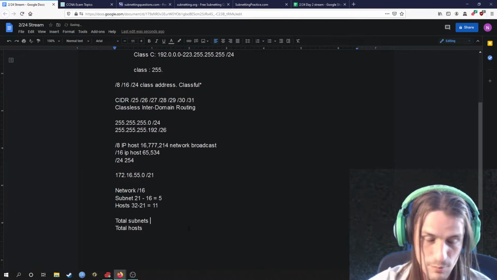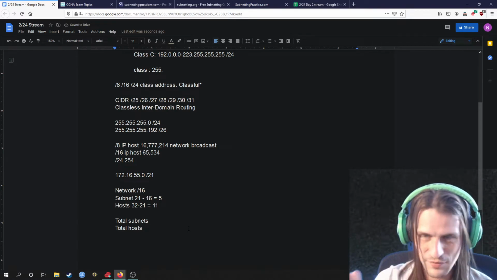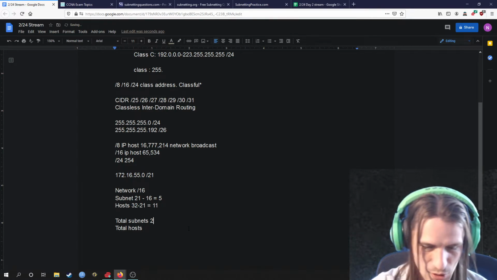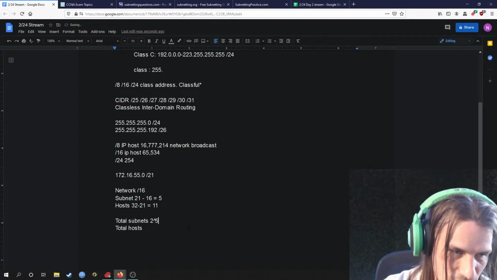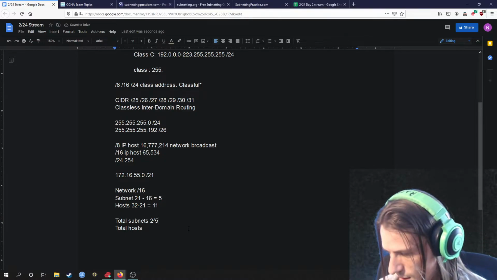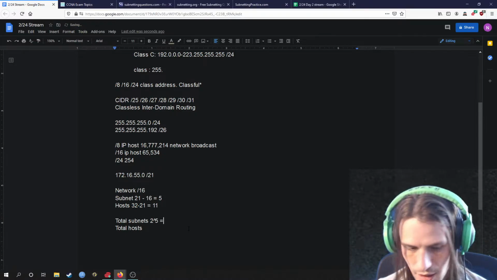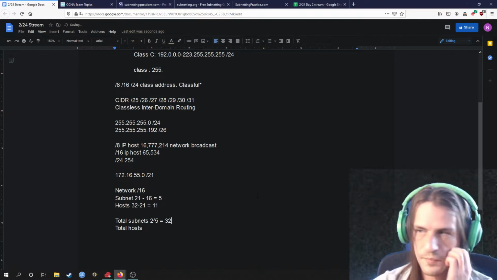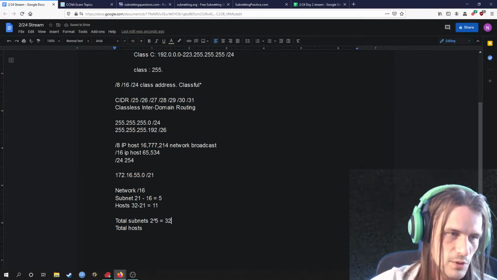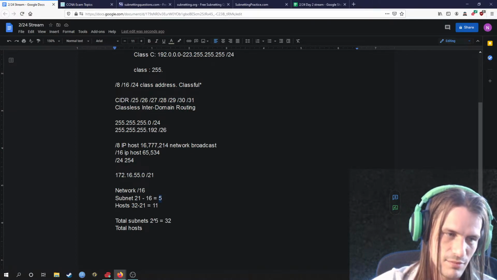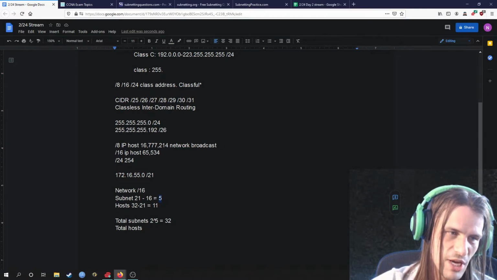So now that we have this information, we can put it in a formula. 2 to the 5th is 32. This is the difference, the 5, and we're taking 2 to the power of this difference to get the total subnets.